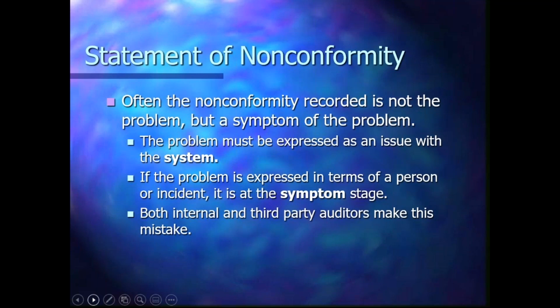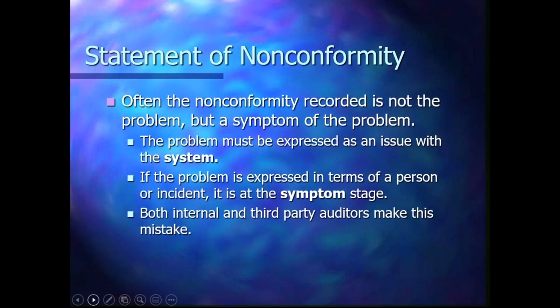Let's talk about some common pitfalls with the statement of non-conformity. So often we see that the non-conformity recorded is not the problem, but a symptom of the problem. So it's important that we express the issue in terms of the system.